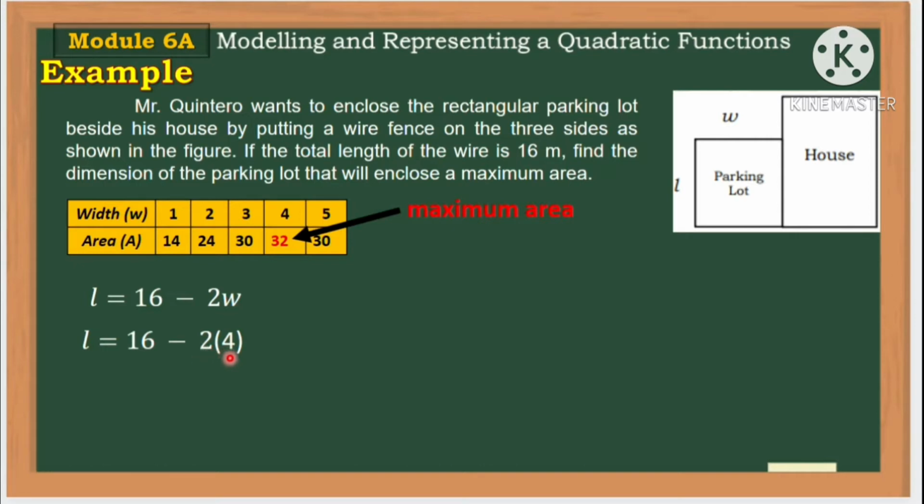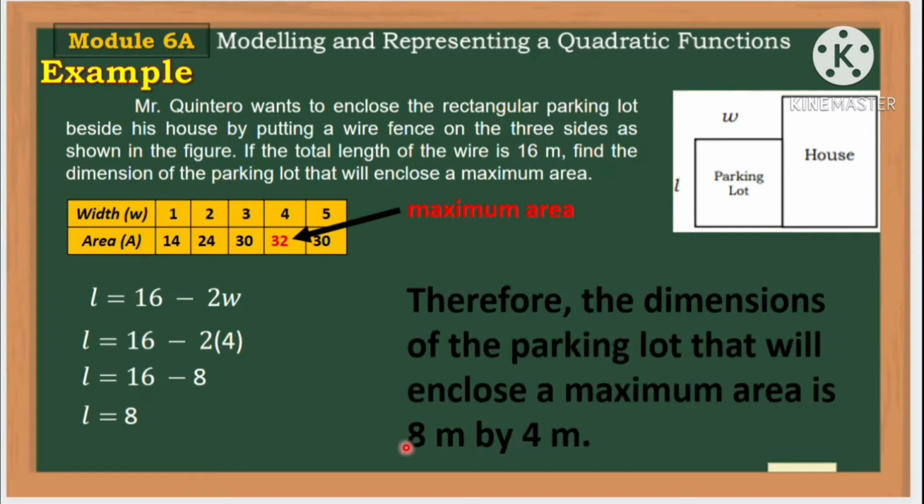So, 2 times 4 is 8. So, length is equal to 16 minus 8. Subtract. Very good. Length is equal to 8. Therefore, the dimension of the parking lot is 4 by 8 or 8 meters by 4 meters. Okay?